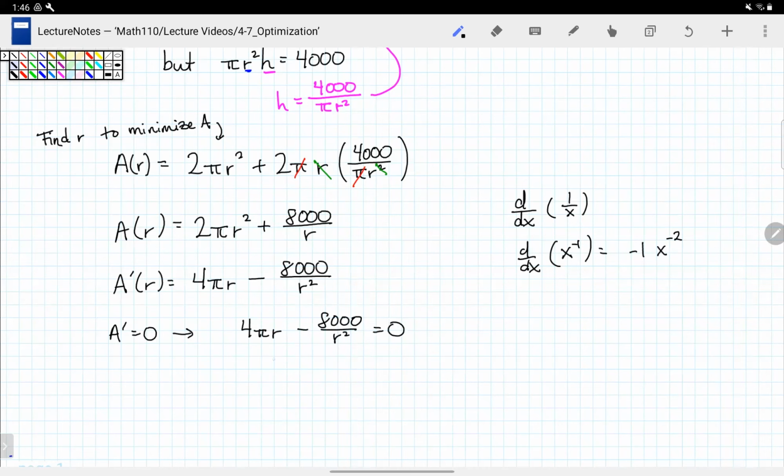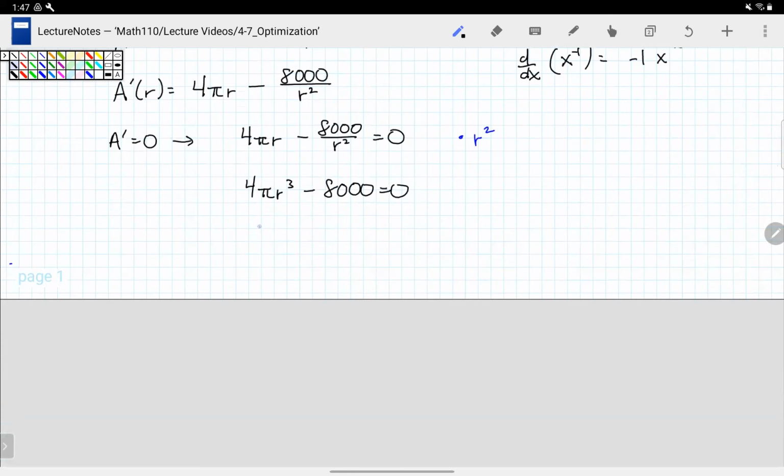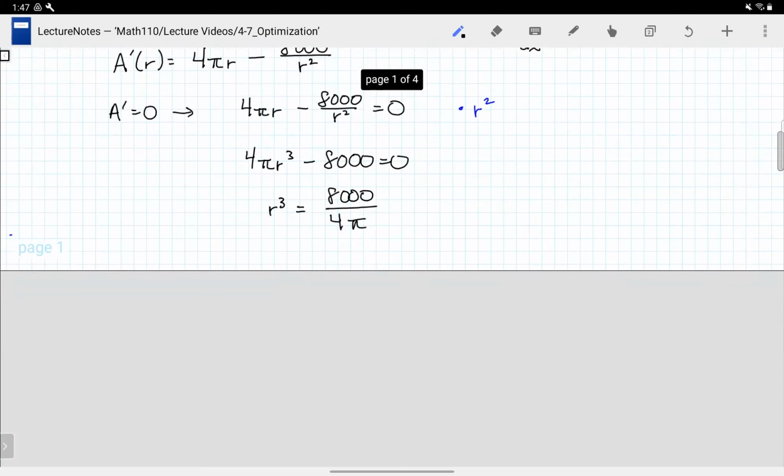And I'm going to multiply both sides by r squared in order to clear that denominator. So that's 4 pi r cubed minus 8,000 equals 0, which tells me r cubed equals 8,000 divided by 4 pi. I don't know why I can't see both pages at the same time.